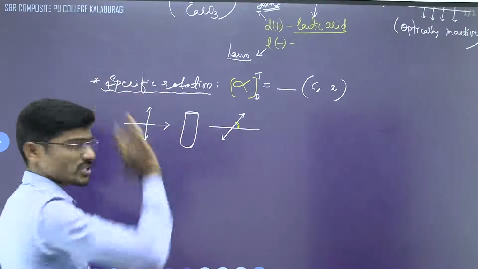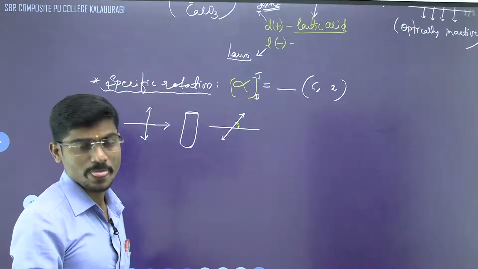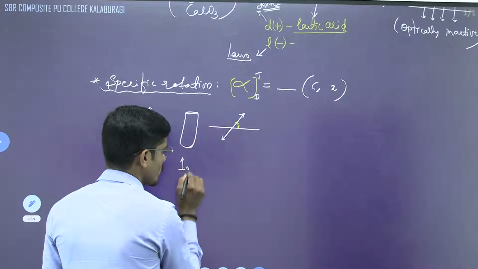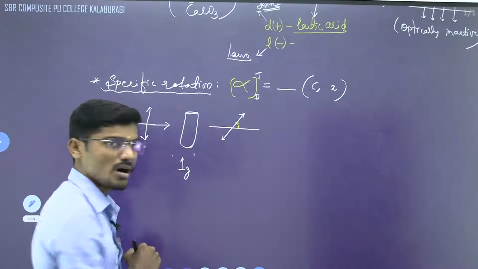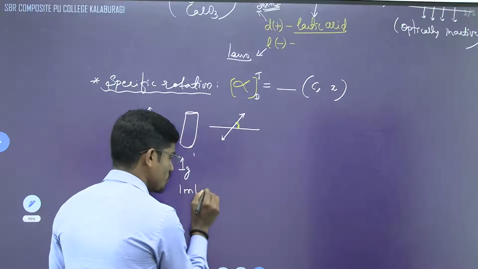The specific rotation is nothing but the number of degrees of rotation observed by 1 gram of a chemical substance taken in 1 ml of solution.